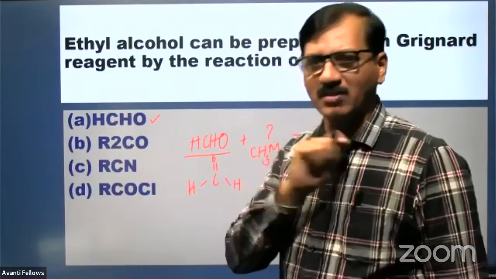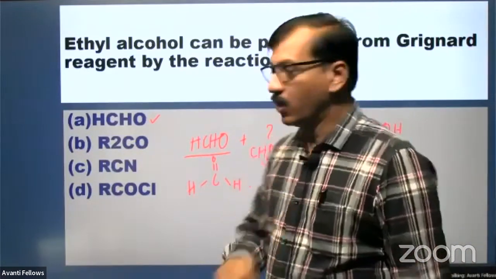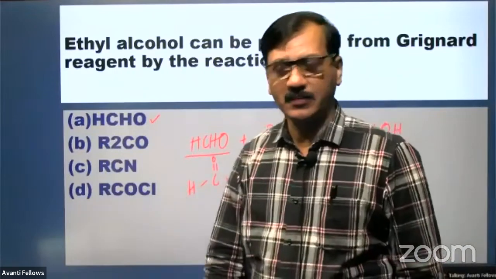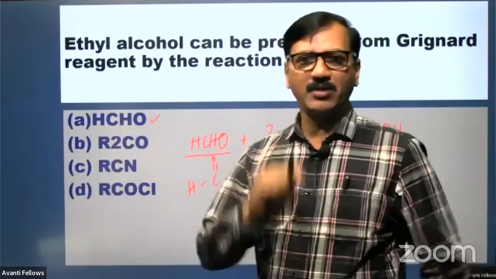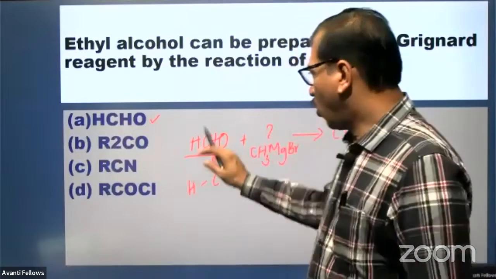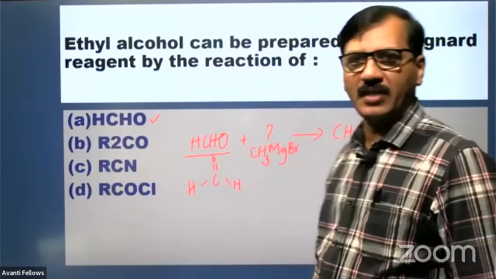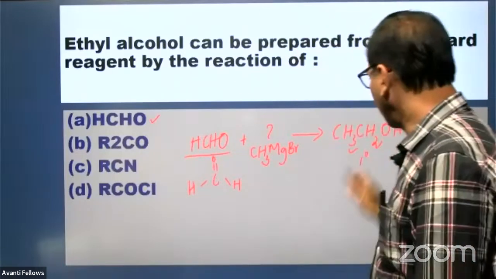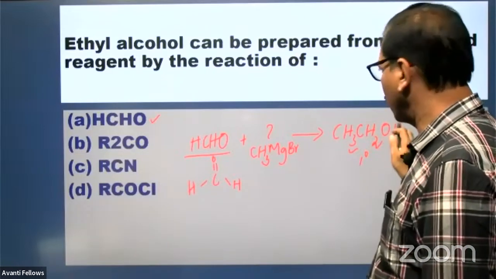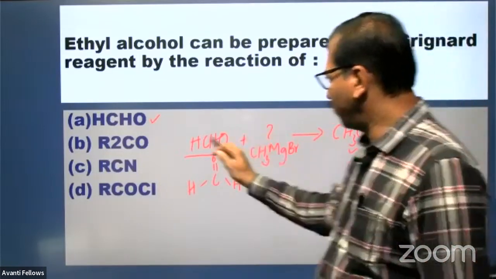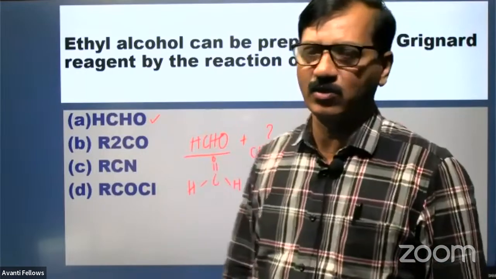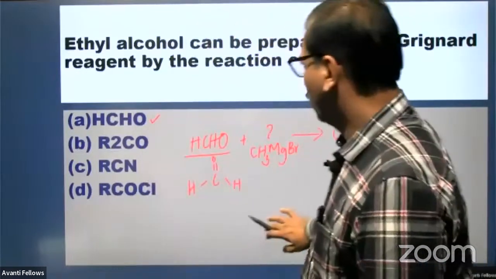This is a very important generalization. If you know it, you can attempt such questions quickly. Or else you have to try initially and find out. If there are 2 carbon atoms with a primary alcohol, then formaldehyde is to be chosen. Fine.